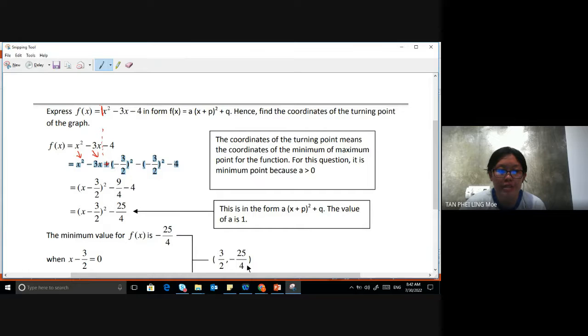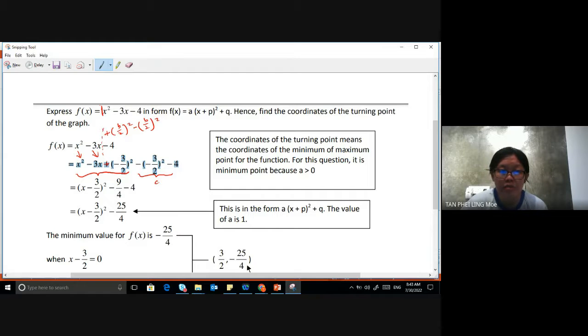Remember, you always plus in your b over 2 square, and then you minus your b over 2 square. So the purpose of doing this, plus b over 2 square minus b over 2 square, is you yourself purposely doing it so that you can change the first three terms to become the big bracket square, and then the rest will be the c. Okay, do you get me now? So I repeat, for any given function, all the x's you group on one side, all the numbers in one group.